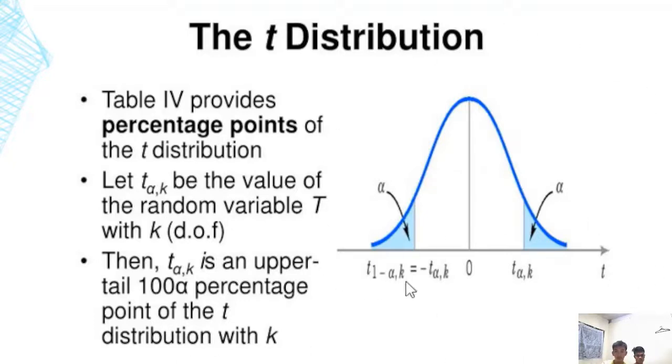Ang figure nito ay yung t distribution. Yung alpha ay yung shaded area o shaded region, at itong space dito ay yung confidence interval.